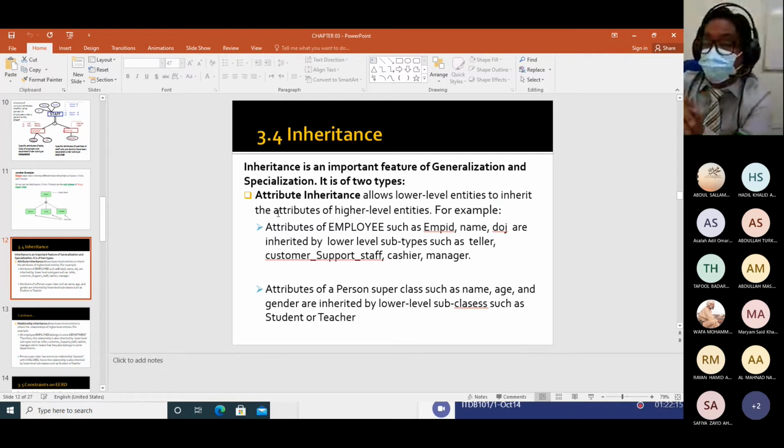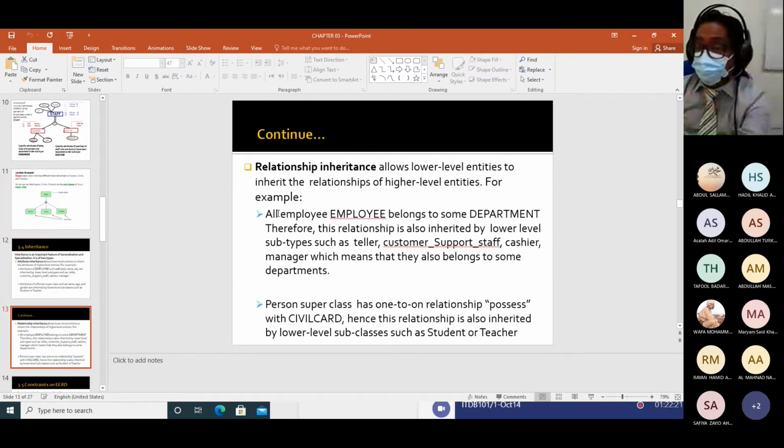This one we're not seeing yet, the relationship inheritance, but in case we have a relationship from the upper class, all the subclasses will definitely also inherit that relationship with the other entity. So we call that relationship inheritance.